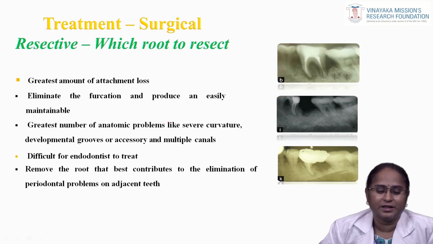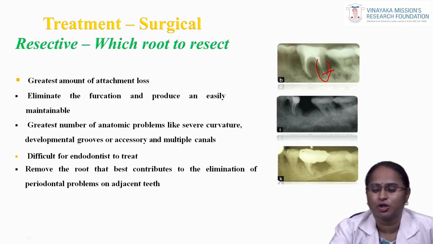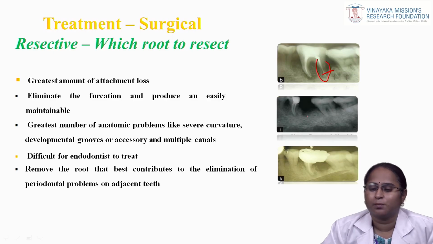Based on these indications, we remove the root that best contributes to the elimination of periodontal problems on adjacent teeth. In this one, there is the greatest amount of bone loss, which extends to the apical region. In this picture, we are going to eliminate this distal part of the root.